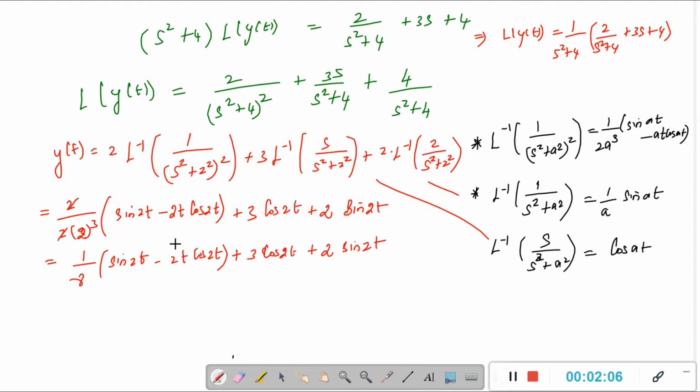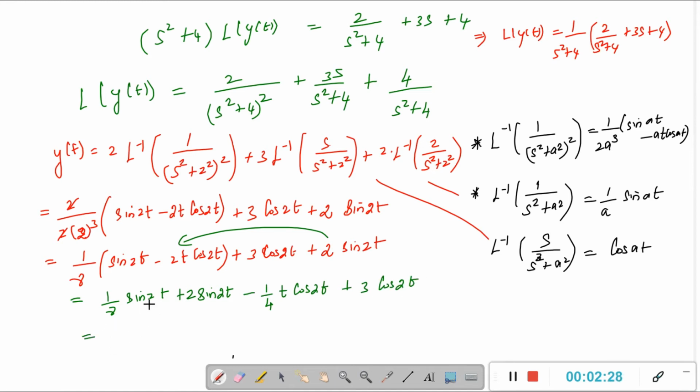If you multiply 1 by 8 in this closed bracket you will get 1 by 8 sin 2t, and I am writing here 2 sin 2t, minus 1 by 4 t cos 2t plus 3 cos 2t. Here you can add these two terms.